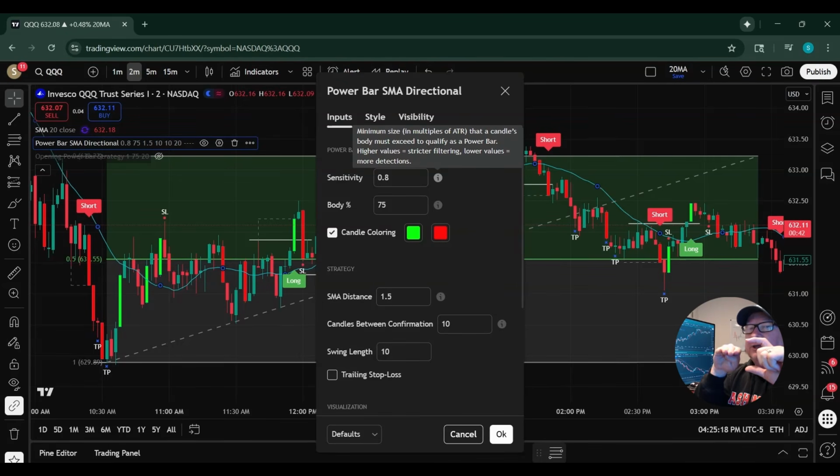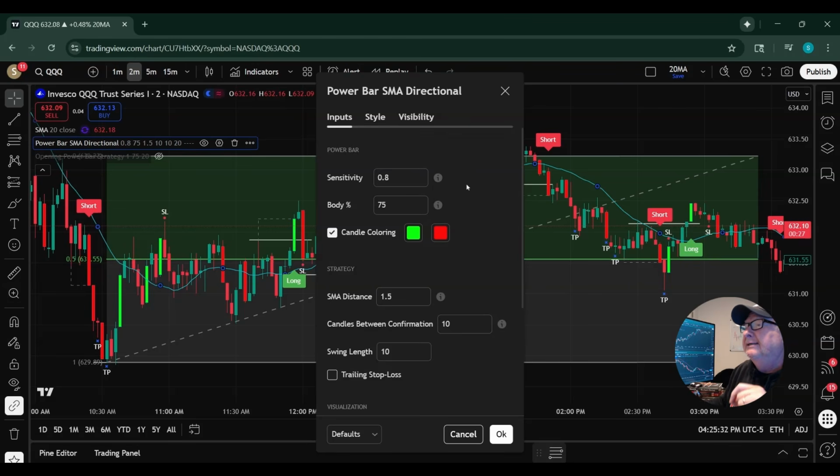If you are in chop and your bars are very small and they're not going anywhere, that 1 ATR quickly drops off to 0.9, to 0.8, to 0.7. So what happens with an indicator like this is the sensitivity, even though it doesn't change, actually becomes more sensitive because it's based on the ATR.